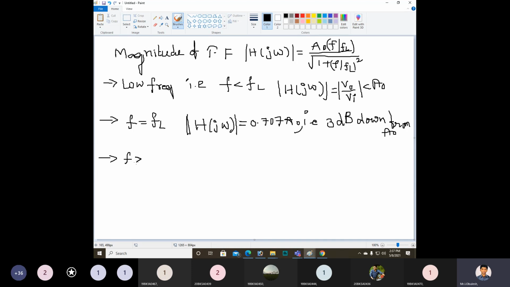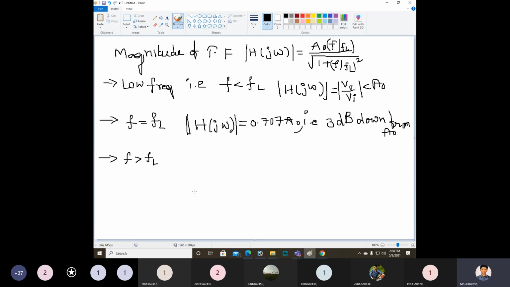Then the 1 in the denominator can be neglected as compared to f by fL, from the derivation part.